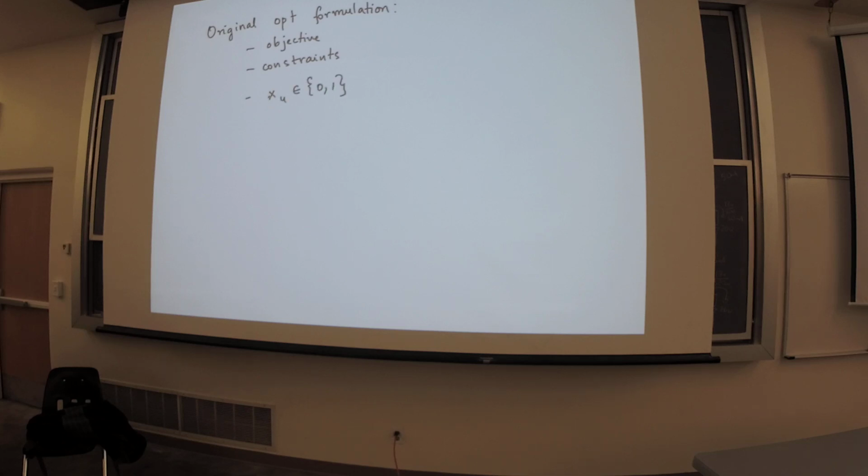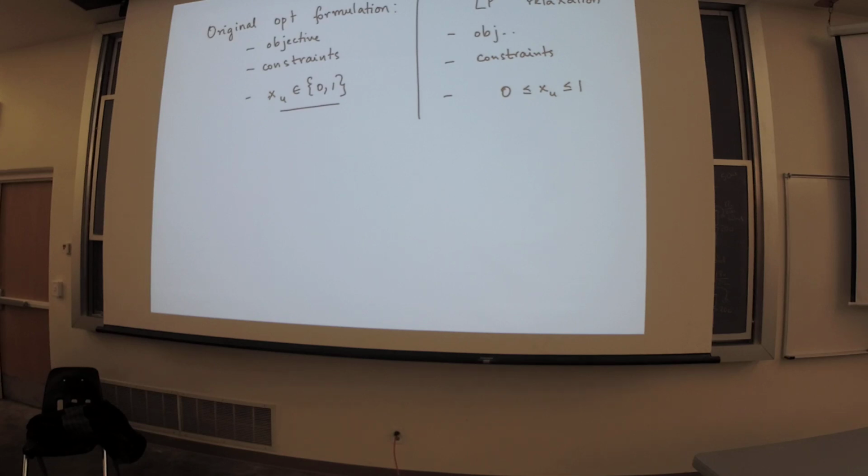And this is called the linear programming relaxation. So you have the same objective, same constraints, but you replace the domain constraints with 0 less than or equal to xu less than or equal to 1. So it's called a relaxation because you are relaxing this last constraint.